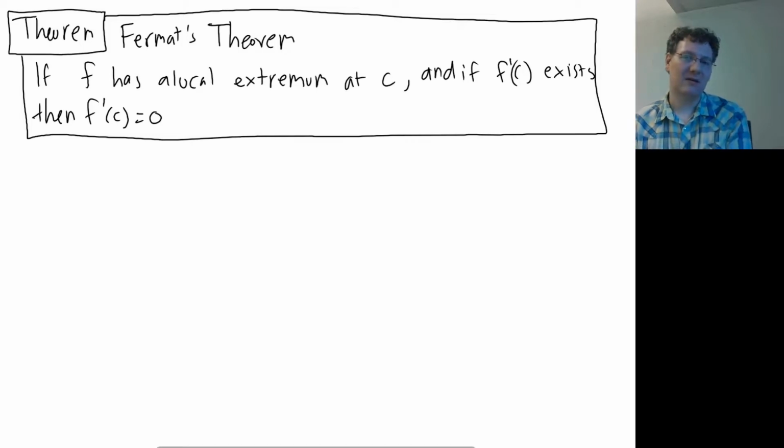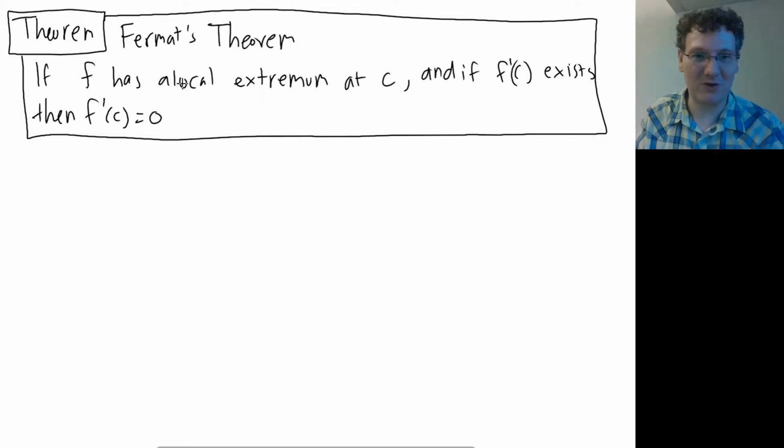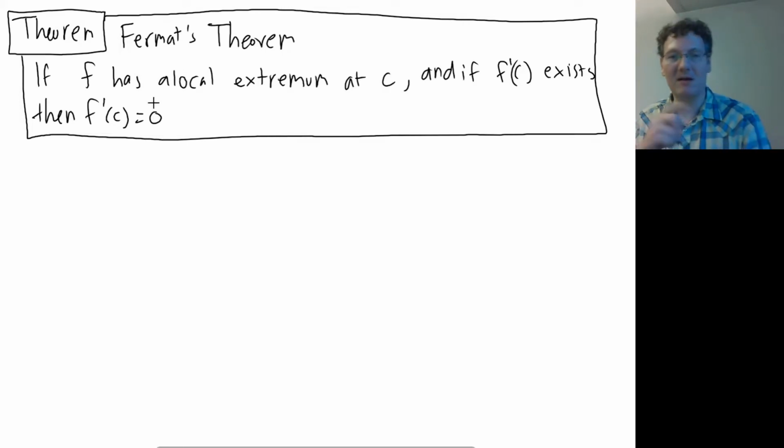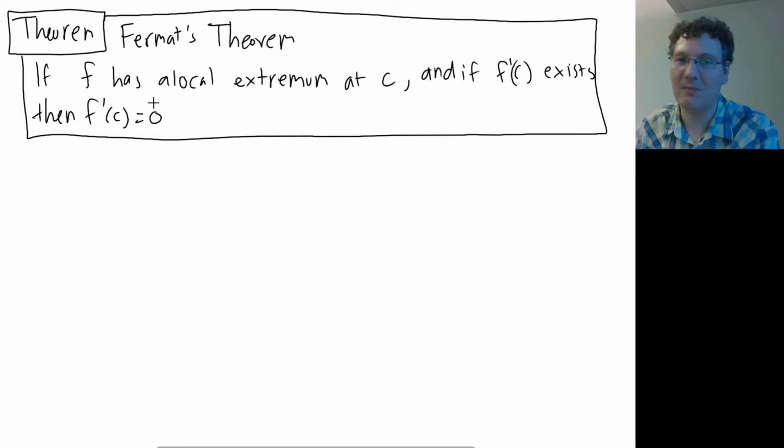If the derivative doesn't exist, then it doesn't equal 0. So as long as the function is a smooth curve at c, then it must be leveling off. It must have a zero derivative there. That's the only possibility at local extremums.